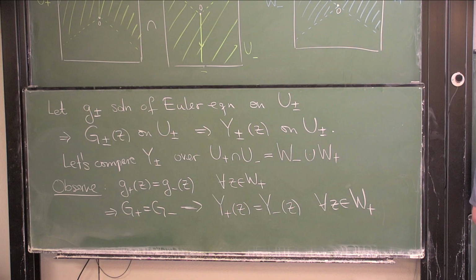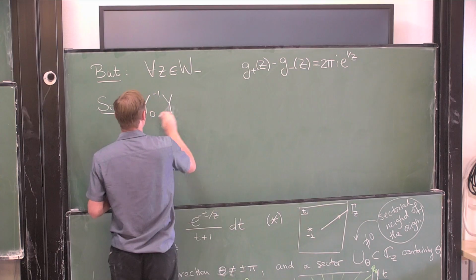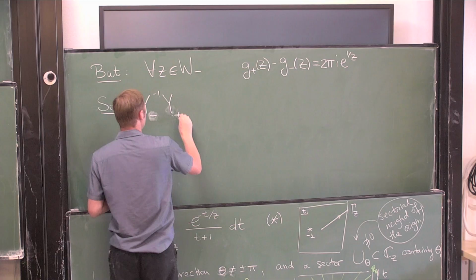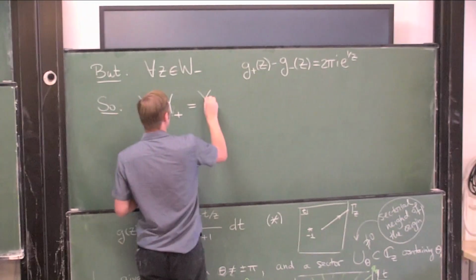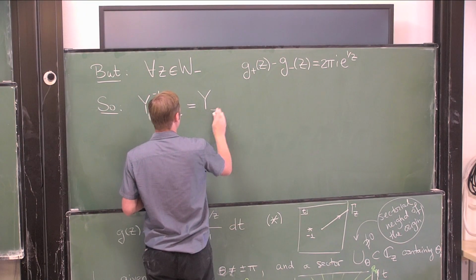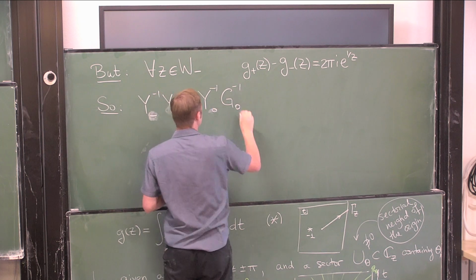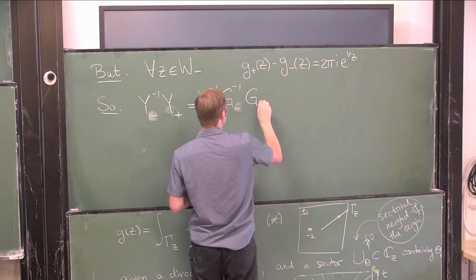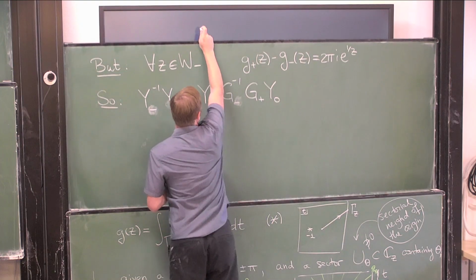So I can compare them like this. Let me compute the ratio between y plus and y minus. So how are these defined? They are defined by inserting G minus, and here inserting G plus, Y0, right?